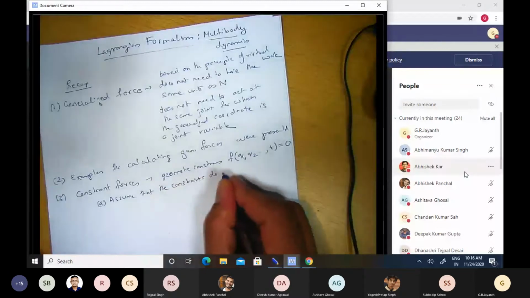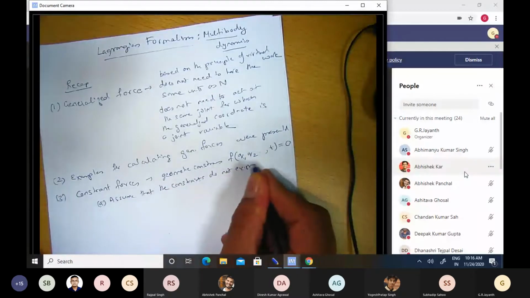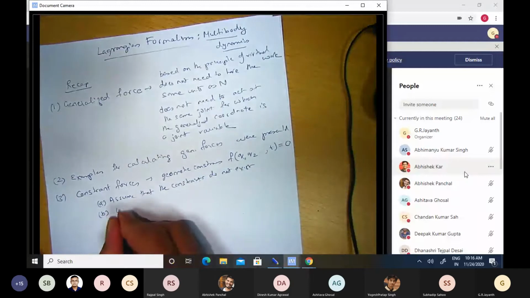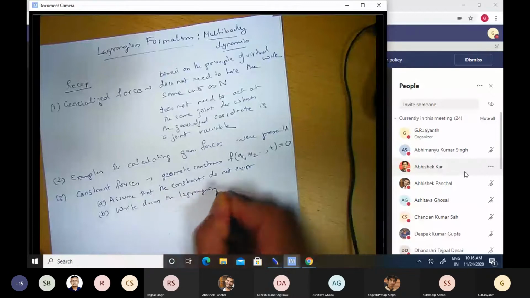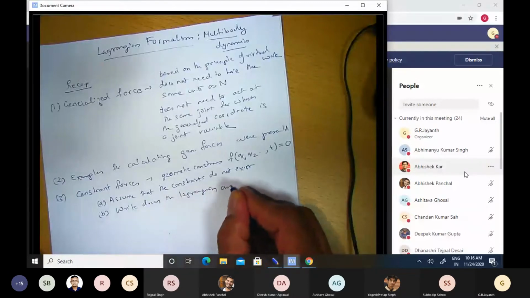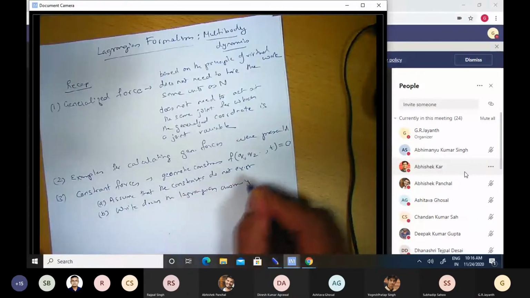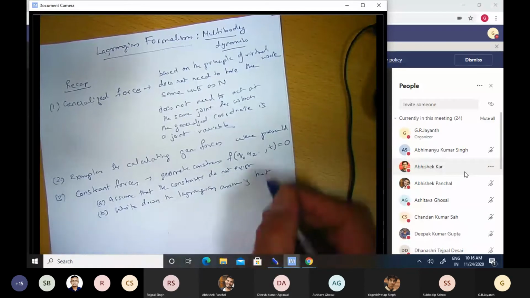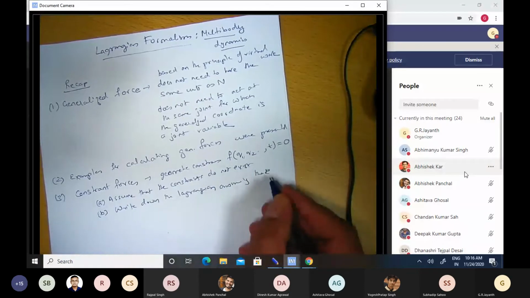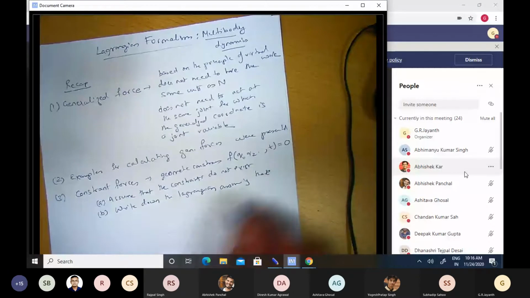Then the second step is to write down the Lagrangian, assuming that the constraints do not exist. I don't need to repeat it, but given its significance, I will.